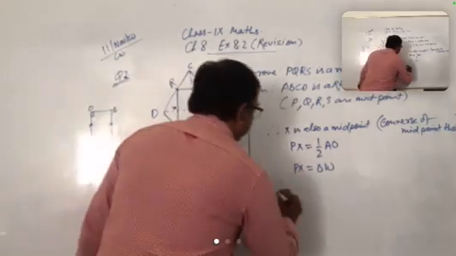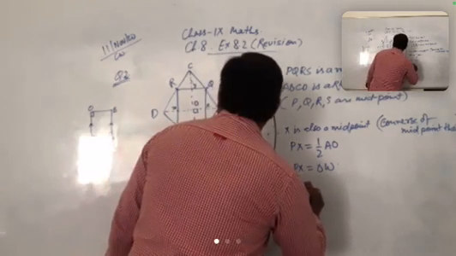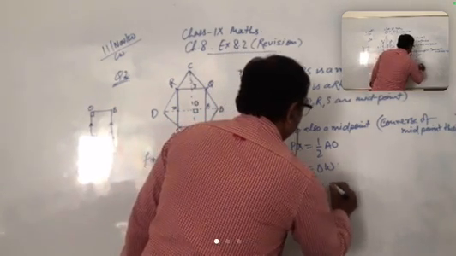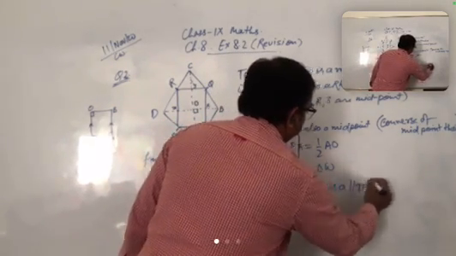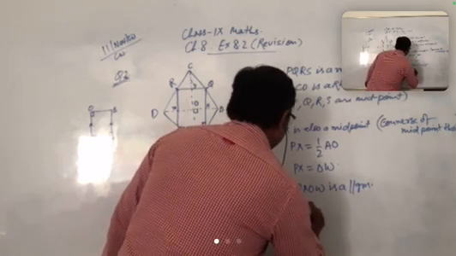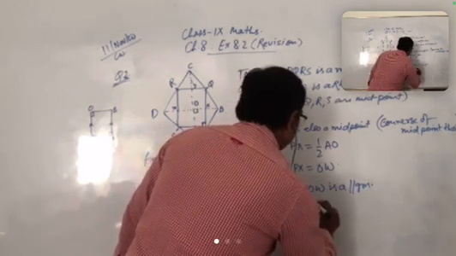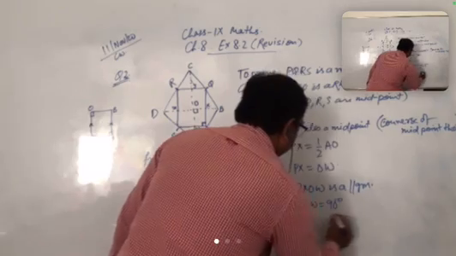So therefore, PXOW is a parallelogram. We know that angle XOW is equal to 90 degrees.